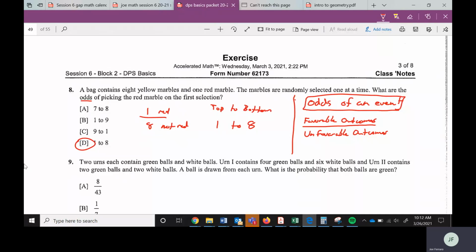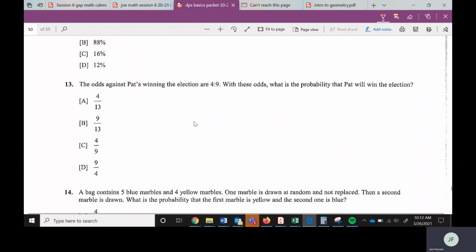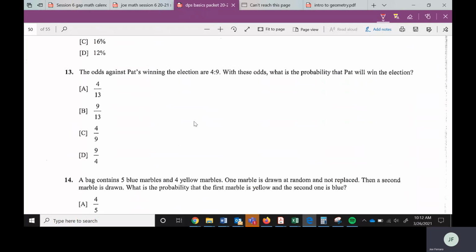Next, we're going to look at number 13. It says that odds against Pat winning the election are 4 to 9. It says with these odds, what's the probability that he'll win the election? So let's first break this down.